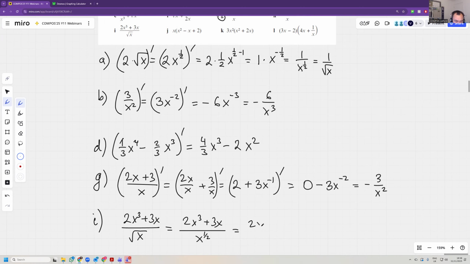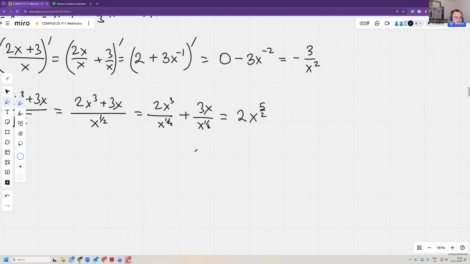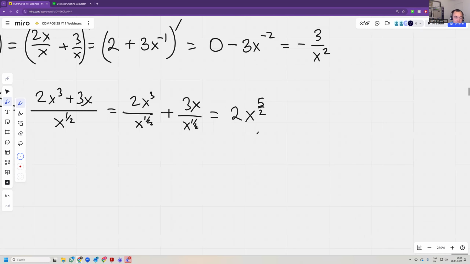So it's going to be 2x cubed divided by x^(1/2) plus 3x divided by x^(1/2), which is 2x to the power 5 over 2, because 3 minus a half is 5 over 2, plus 3x^(1/2), because x to the power 1 divided by x^(1/2) is x^(1/2).